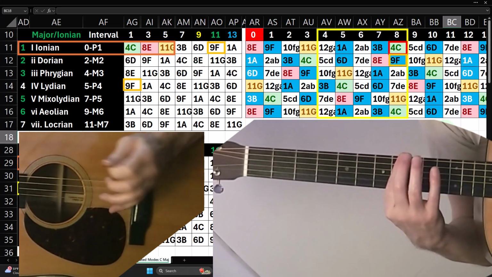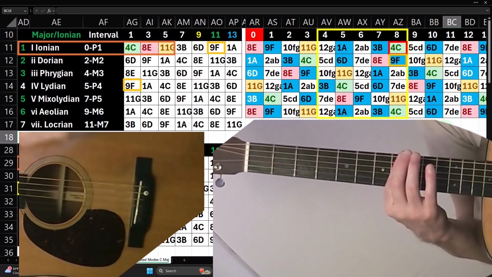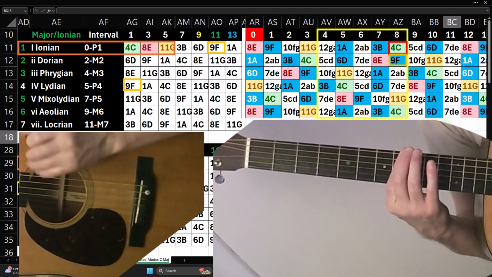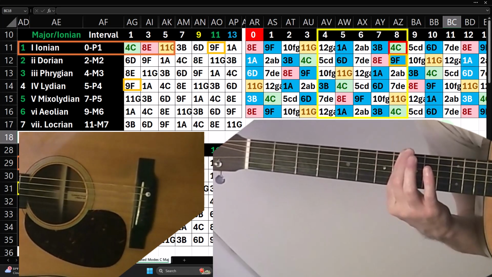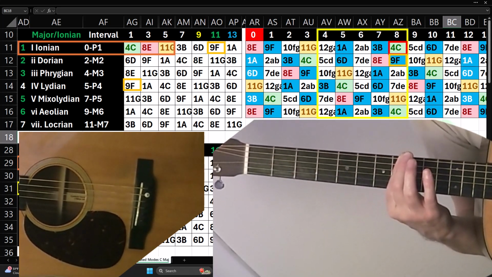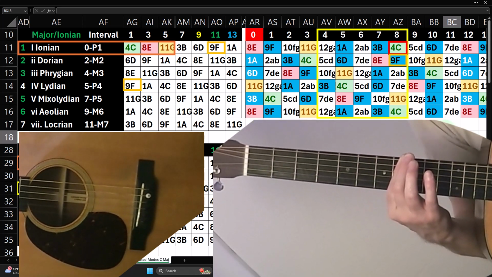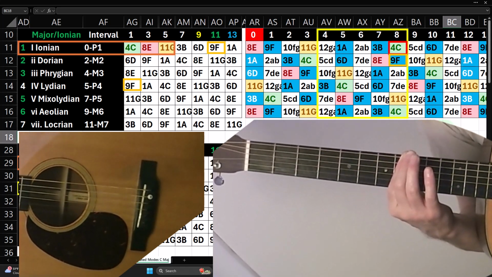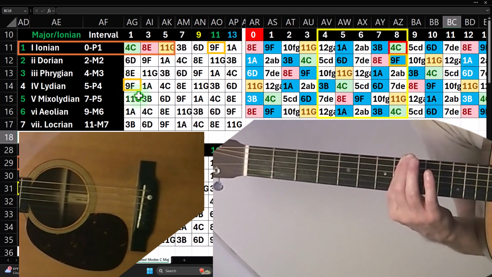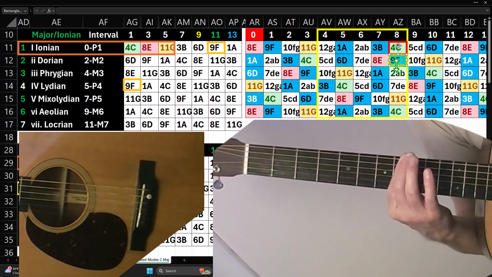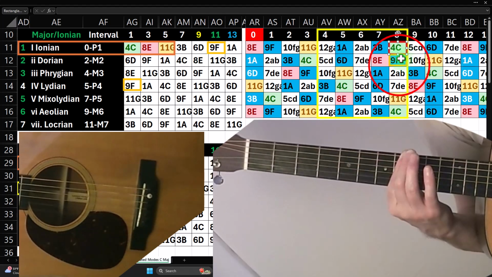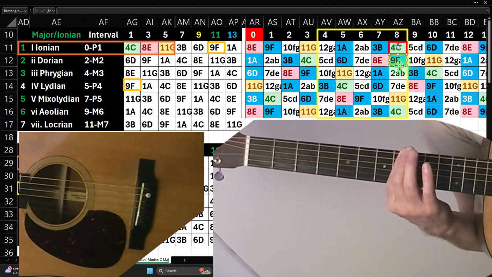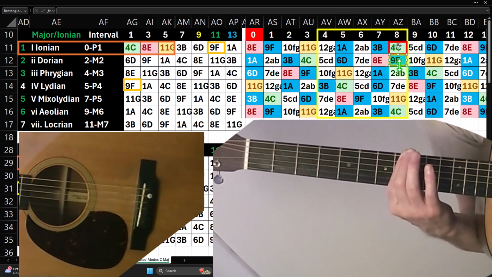So that shape, if I go one string down, the 5 note away perfect 4th is on the same fret. So I'm going to try to keep that in my mind. I can count it out, and then I can just memorize the shape. If I go 1 string down, the 5 note away perfect 4th is right there. That means that the inverse, by the way, is a 7 note away perfect 5th. So if I measured from this string up to here, that would be a 7 note away perfect 5th, which we'll get more into later.